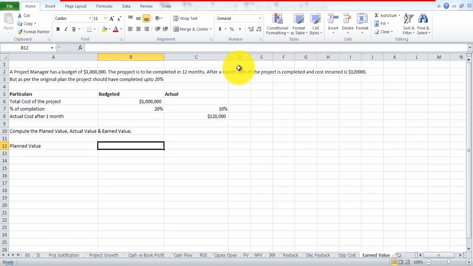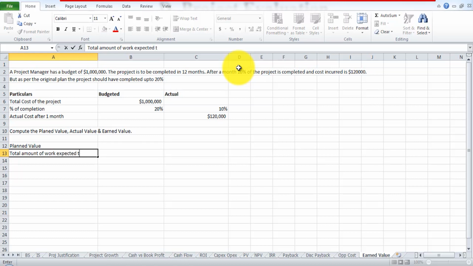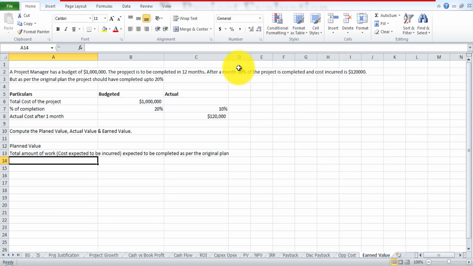That is the total amount of work scheduled to be completed as per the milestones originally defined, the total amount of work expected to be completed as per the original plan. Here, total amount of work means the work or the cost expected to be incurred. So that's the planned value.